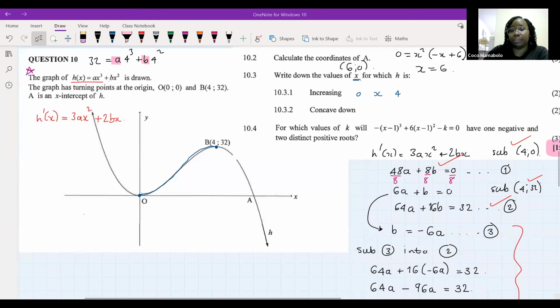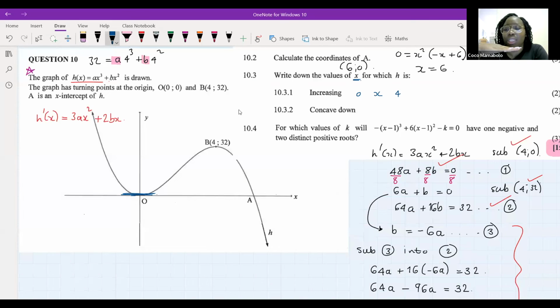What do we think? I'm getting a few people saying included, somebody else saying excluded. Now, let's think about this. We all know that at the origin, my derivative is 0. So my gradient is actually flat, a horizontal line. Is that increasing or decreasing?